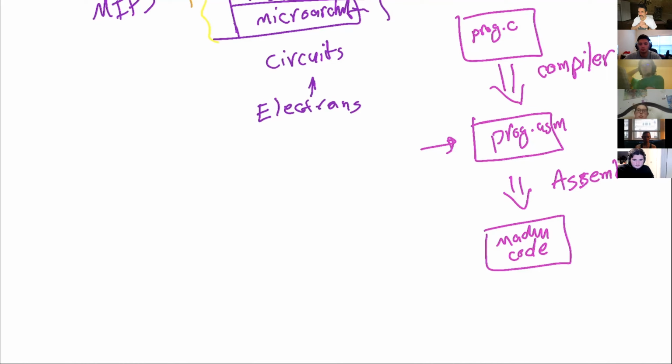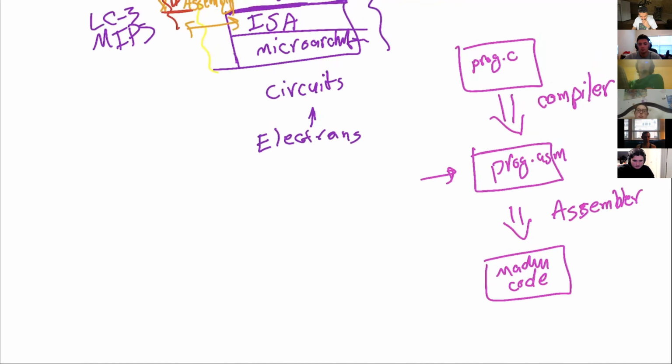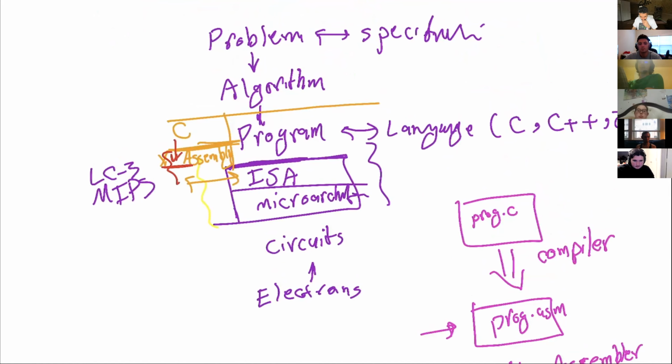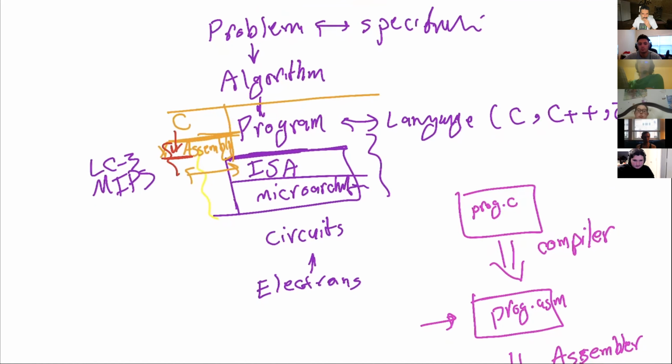These things will be automatically taken care of, and as a result, all of this will become an object code that you can run on the machine.